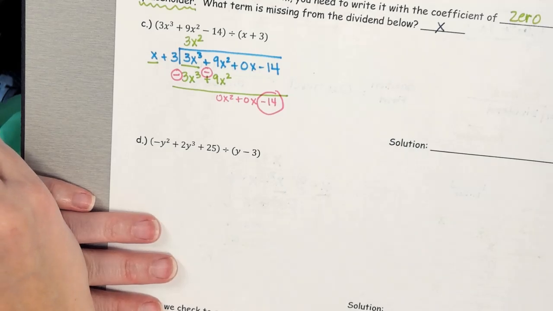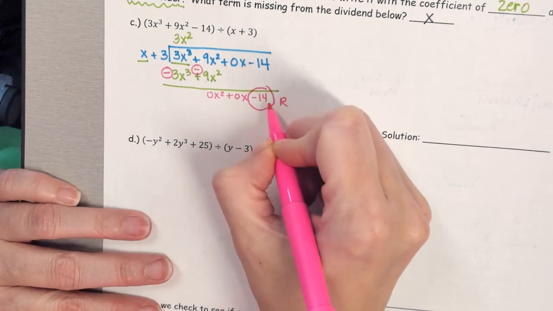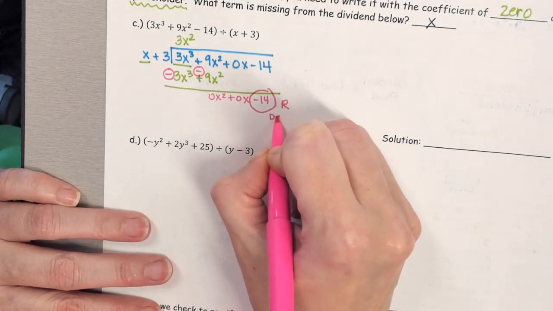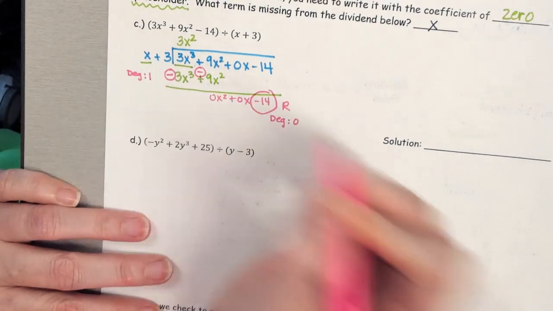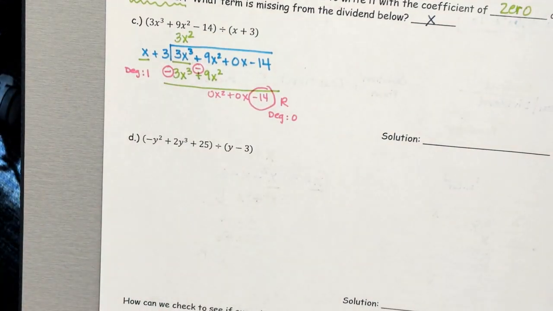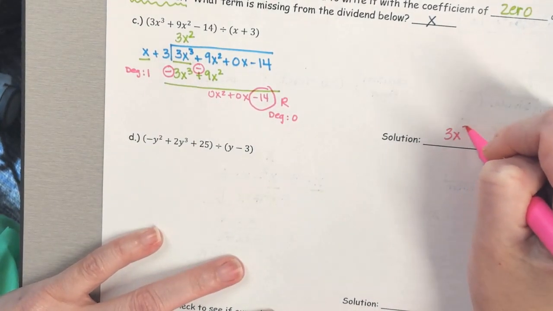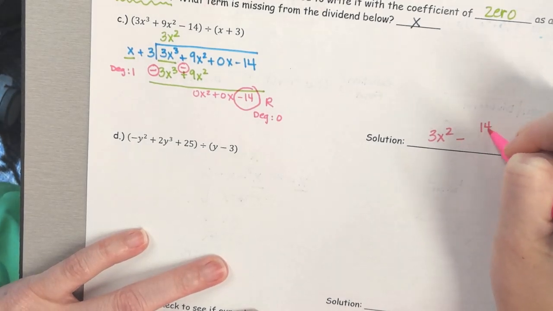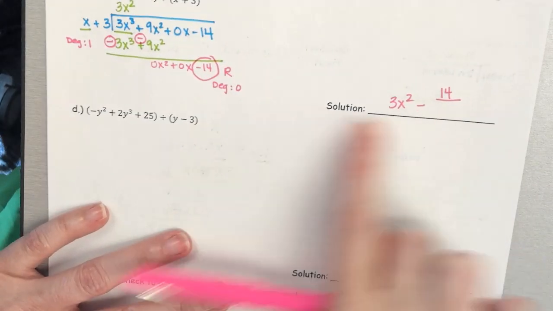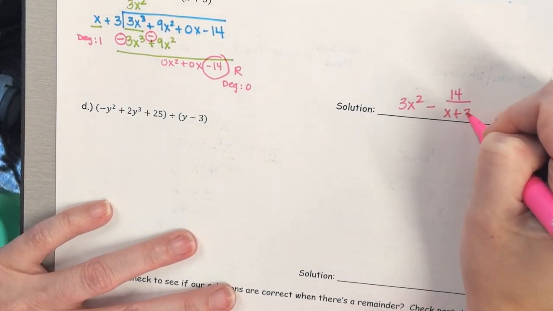So in this case, because this degree is less than the degree of this, because the degree of negative 14 is 0, the degree of x plus 3 is 1, okay? This is a very short example. Your solution is just 3x squared minus your remainder 14, and again it's minus because it's negative, over x plus 3.